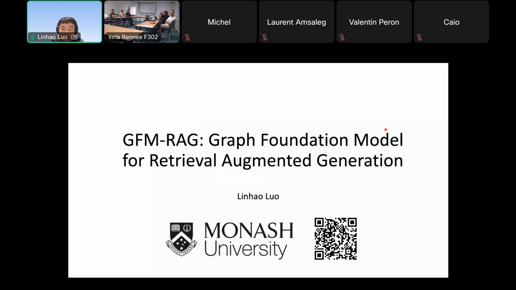But in today's work, I will present how we can combine the power of the graph neural network, the graph foundation model, with the power of the large language model, so we can design a unifying reasoning model powered by these two strong deep learning methods that can enhance performance in downstream tasks. This paper is called GFM-RAG, Graph Foundation Model for Retrieval Augmented Generation. The code can be accessed from this QR code.